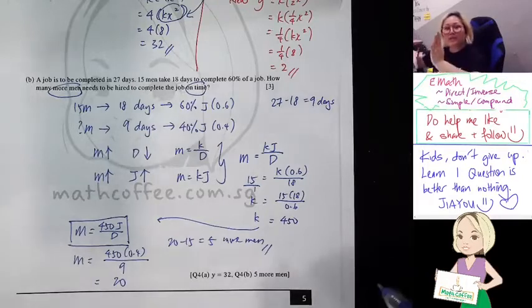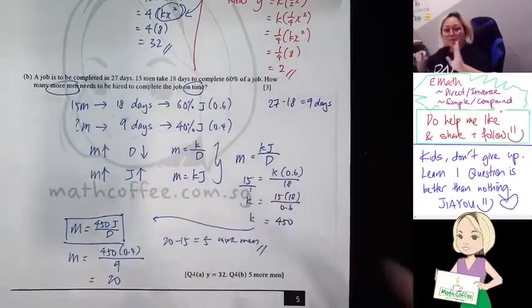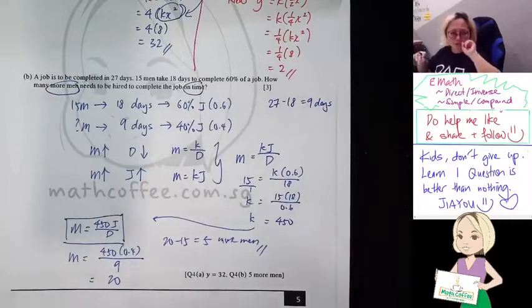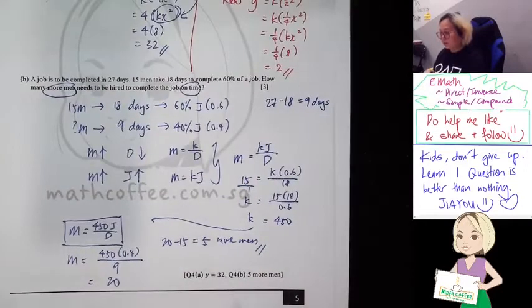So that means it is inverse. Then for the same number of days, when I have more men, it means that I can do more job. That's why it is direct proportion. So this is how you do this kind of question. Okay, I move on.